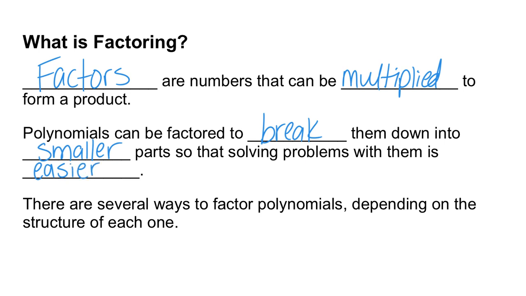Now, like I said, there are several ways to factor them, and the way that we choose to factor depends on the structure that the original expression has, because certain structure leads us to have to use certain methods for the factoring. So this is not a situation where you can pick and choose which method you're most comfortable with. You're going to have to choose the method that will work for the type of problem that you see.